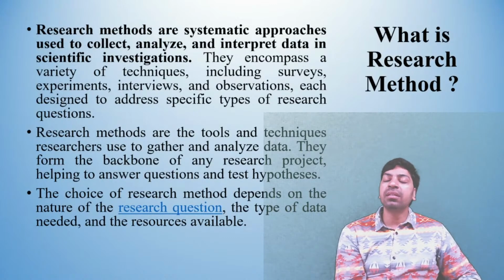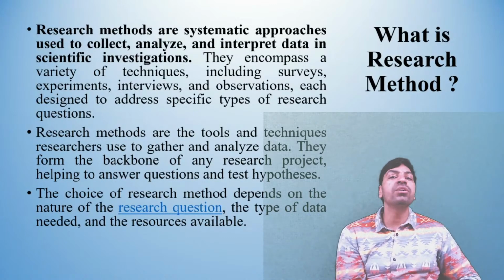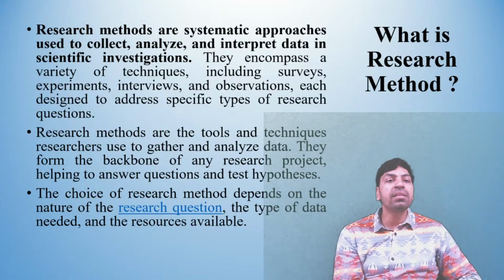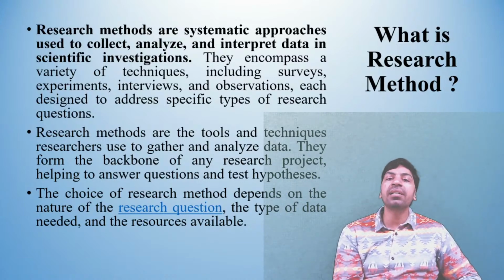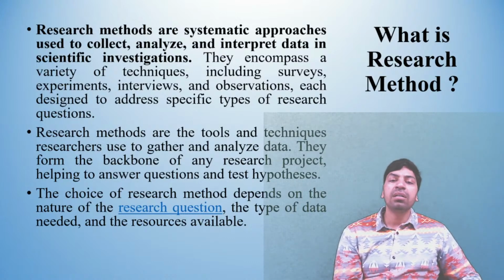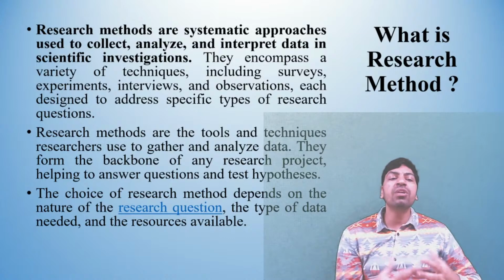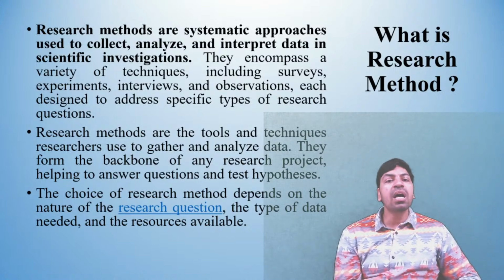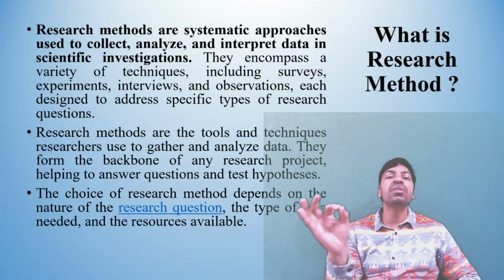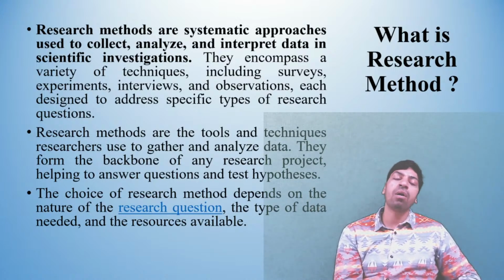Next is the research method. What are research methods? Research methods are the systematic approaches used to collect, analyze, and interpret data in a scientific investigation. They include a plenty of techniques such as surveys, experiments, interviews, and observation, and each technique is used according to the specific types of research questions and objectives.